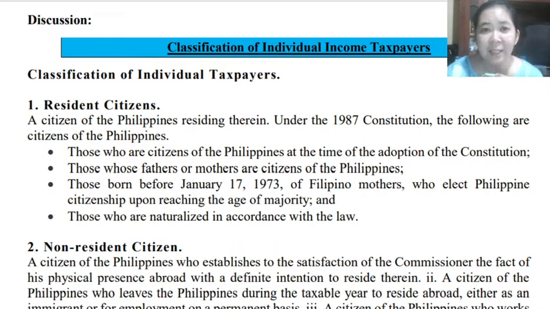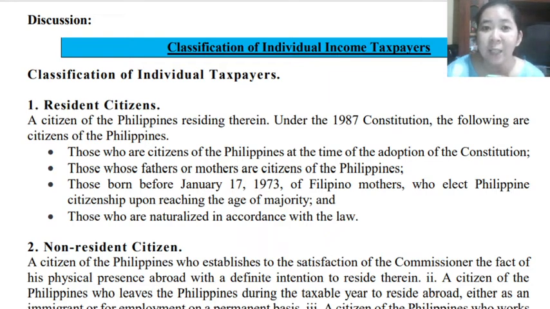When you say naturalized, you are not a Filipino, or your parents may not be Filipino, or you may have been born in other countries, but because of due process, and if you really want to become a Filipino citizen, by virtue of our law you have been naturalized. Basically by birth you are not a Filipino citizen, but because the law allows you, once you meet certain requirements, you have been naturalized as a citizen of the Philippines.